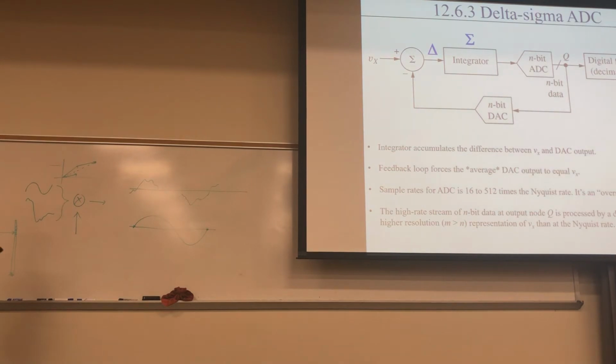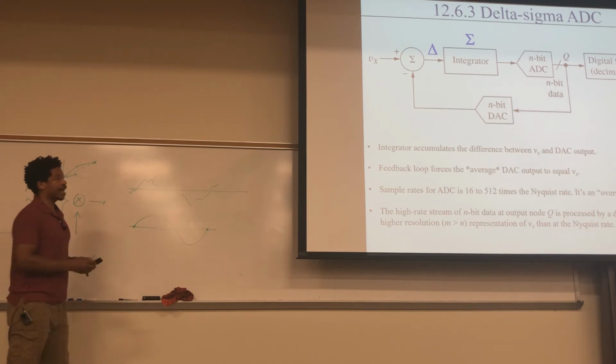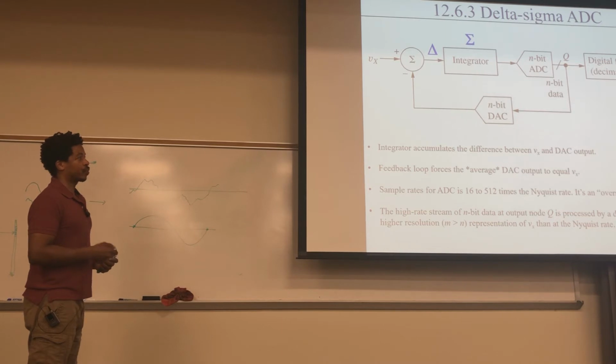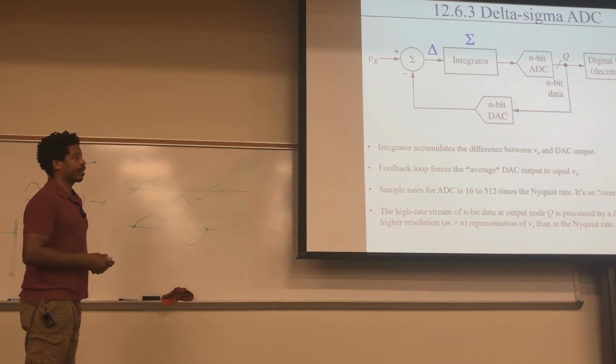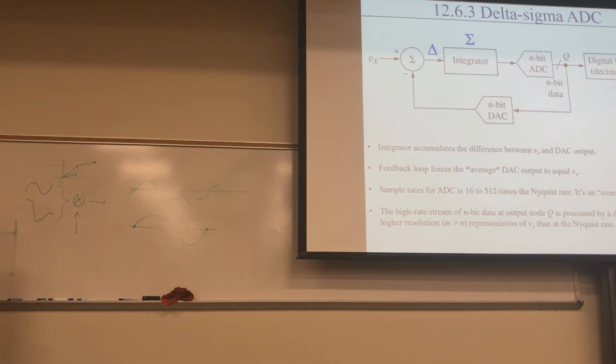And so what you try to do is make your sampling rate greater than twice the highest frequency that you're trying to sample, right?